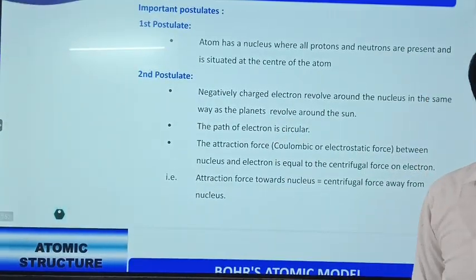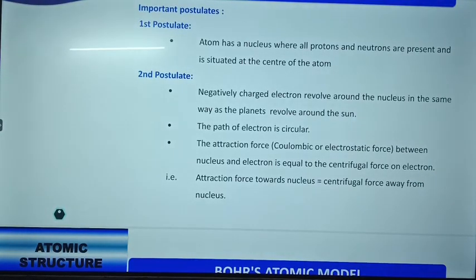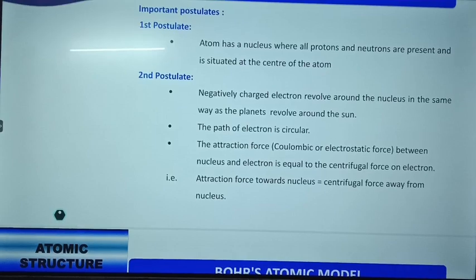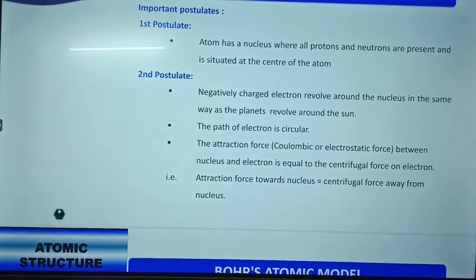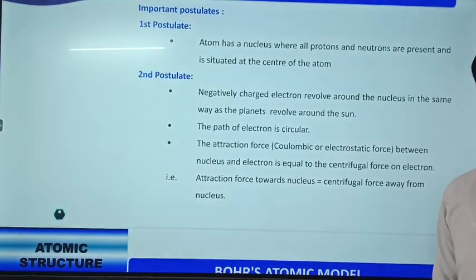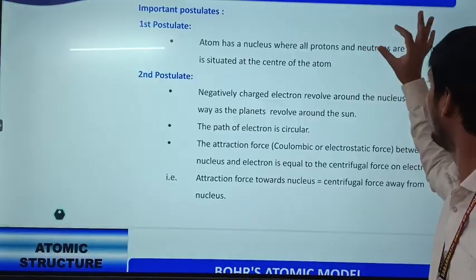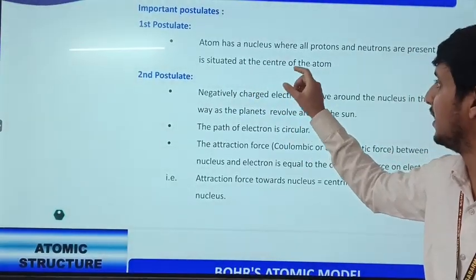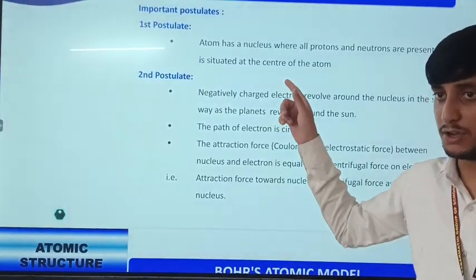Important postulates. First postulate given by Bohr: the atom has a nucleus where all protons and neutrons are present, situated at the center of the atom. It was also explained by Rutherford.